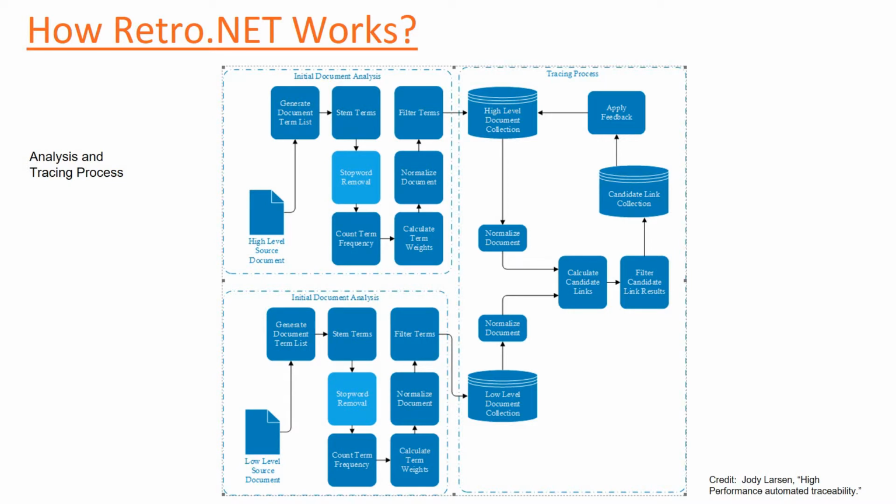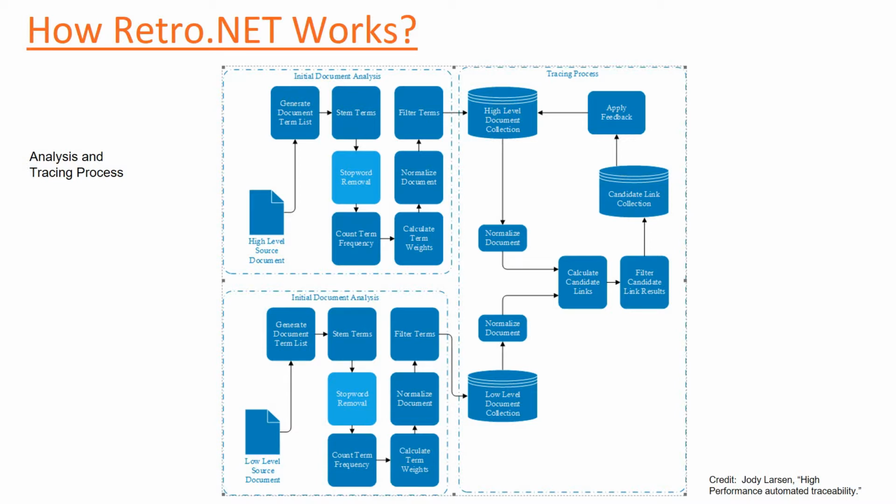So this is how the flow works in the Retro.NET, where you have these initial documents, like we have this high level document and low level document, and then I'll explain each of the functions on the later slides.